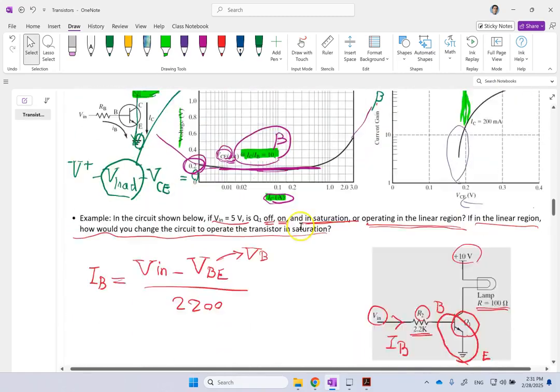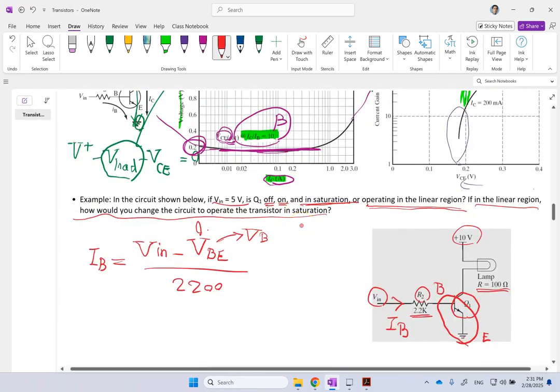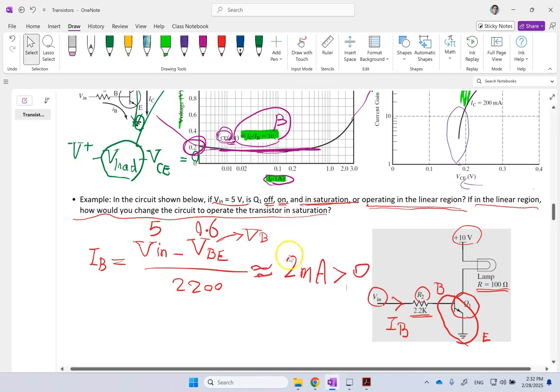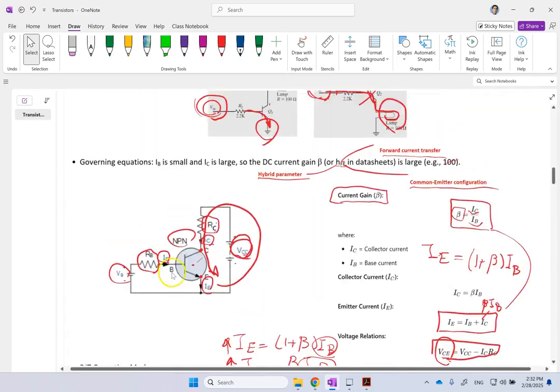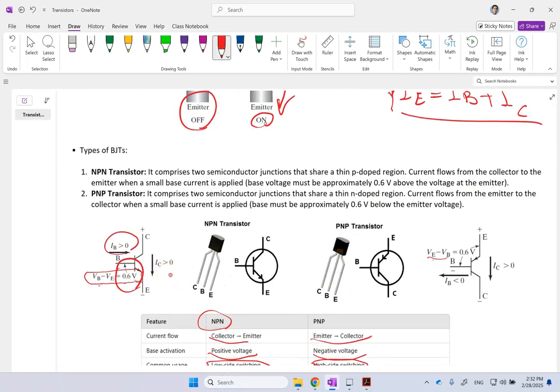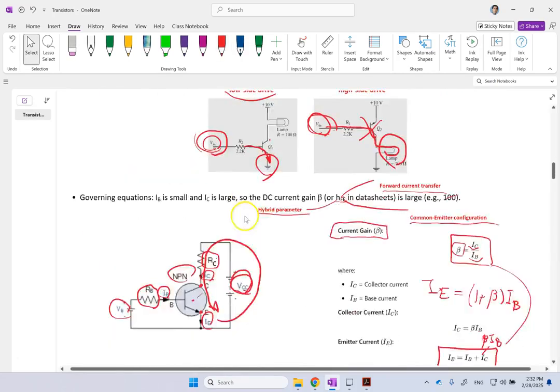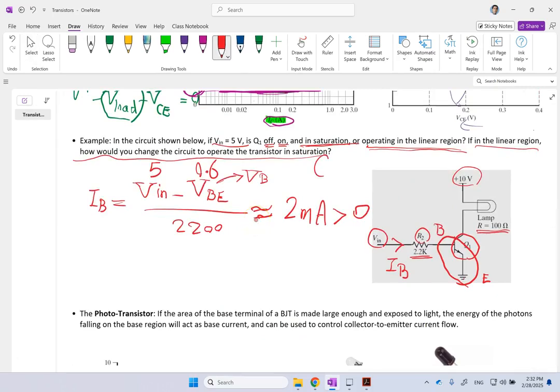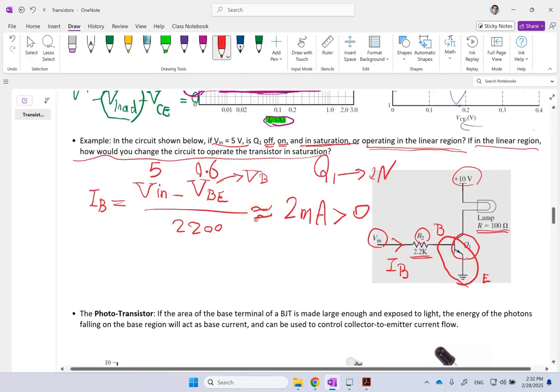Well, VBE is 0.6. So if I use a 0.6 here and a 5 here and calculate this current, your current is going to be about 2 milliamps. And this is bigger than 0, of course. And we remember that if under this voltage the current is positive, then your switch is in the on mode. Okay, so I'm sure that clearly my Q1 transistor is on.